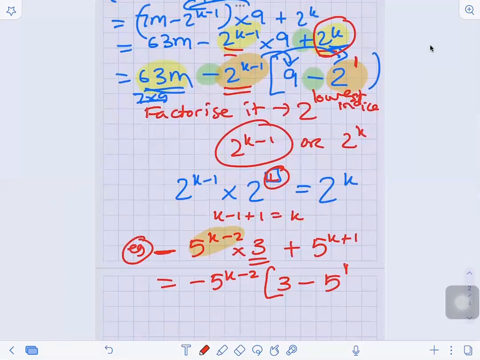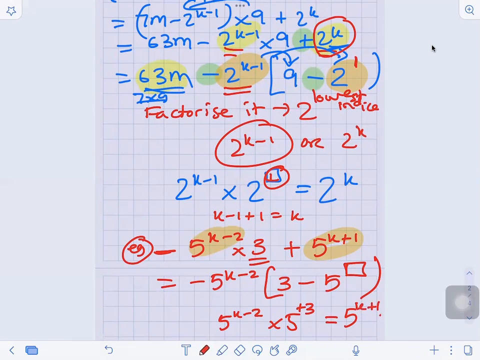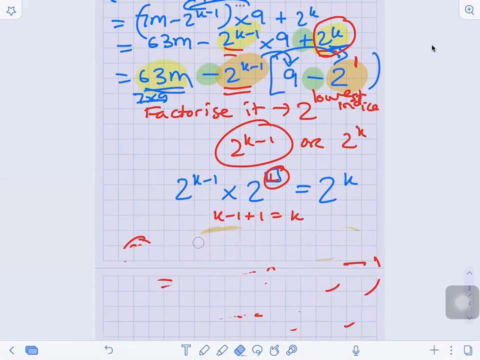And this will be 5 to the power of what? So 5 to the k minus 2 times 5 to the power of what? You're trying to end up with 5 to the k plus 1. So what would you have to add on to the k minus 2 to get k plus 1? It'd have to be plus 3, because k minus 2 plus 3 gives you k plus 1. And that's what would be left there. Okay, so let's just remove that and go back to the one we're looking at.